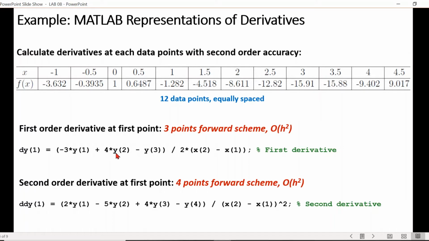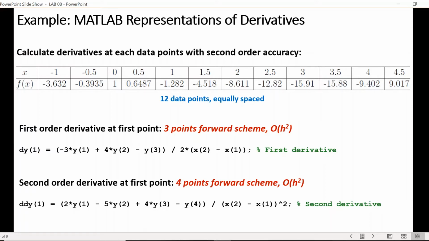In MATLAB, we can write the formula easily, but make sure how you are defining the variables. Here, dy denotes first derivative, and it doesn't matter how you define it, but be careful that the bracket after the parameter means that MATLAB is storing the value in a table where the number designates its position.